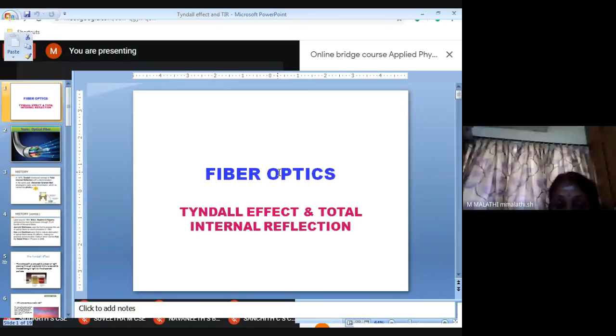Laser is also used for welding, cutting, drilling, etc. That is engineering application. In the communication system, after laser invention, the optical fiber was invented. We will see in detail.